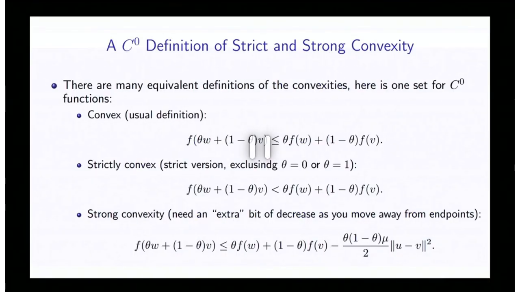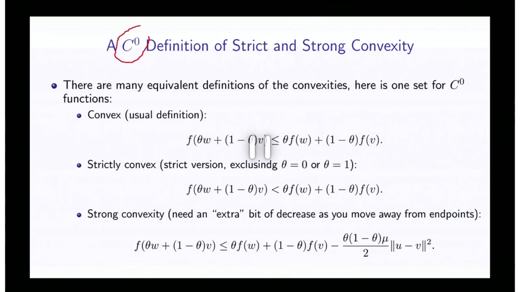I want to go back to the first differentiable class, where we have C0. Don't forget that. You are trying to minimize a function, and the function you are minimizing is not necessarily differentiable, but it's continuous.